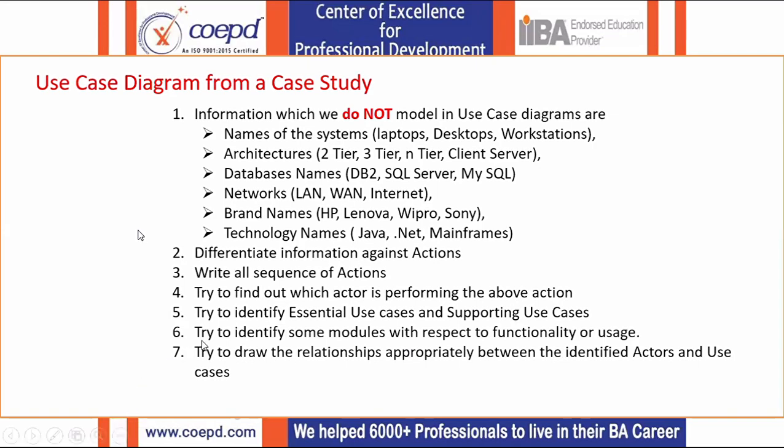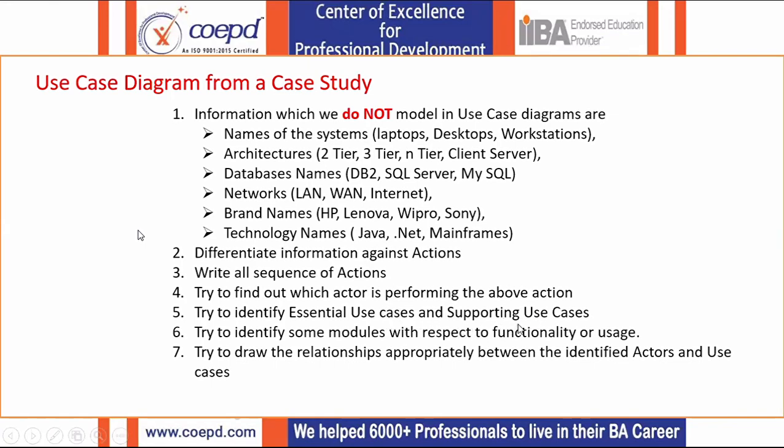After identifying the information and the actions, you write down all the sequence of actions in some order. And try to find out which actor is performing the action. And try to identify which of the use cases are supporting use cases. Essentially what?